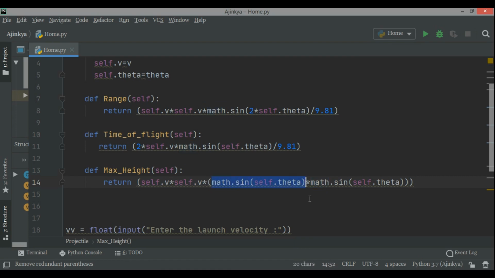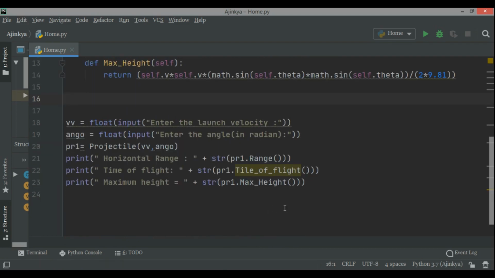This is v sine theta and this is sine theta, so sine theta into sine theta will be sine square theta. Self.v into self.v is v square. So v square sine square theta divided by 2 into 9.81. The formula I have already discussed at the beginning. You can halt the screen there and write the formula somewhere.